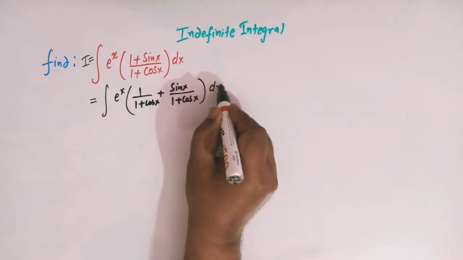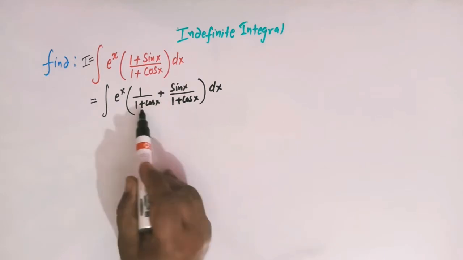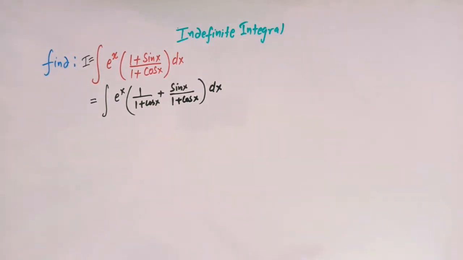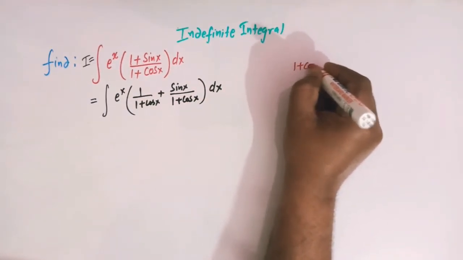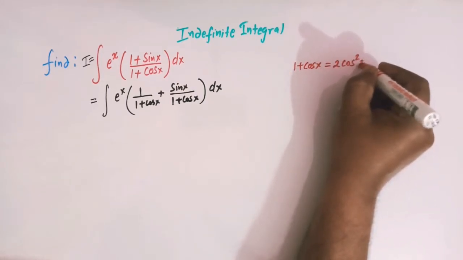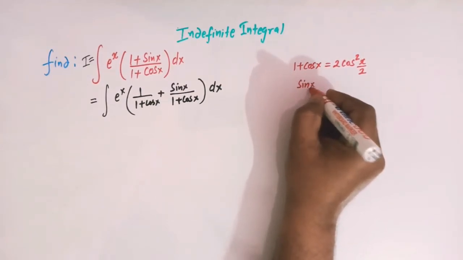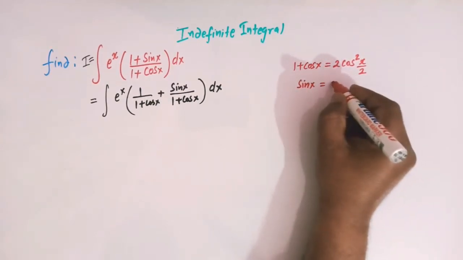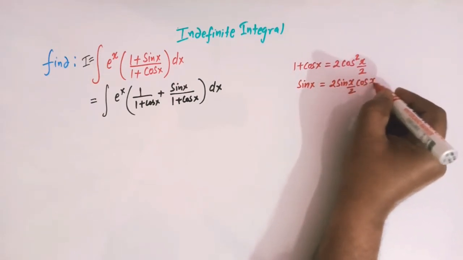Once we have written the expression like this, we have to make use of two important identities from trigonometry. The first one is 1 plus cos x is equal to 2 cos square x over 2, and the second one is the formula for sin x, which is 2 sin x over 2 cos x over 2.